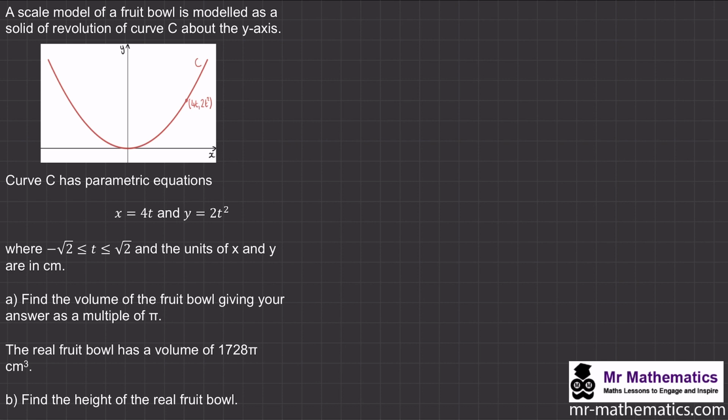We could use the Cartesian model, where the volume is equal to pi times the integral in the limits of y1 and y2 of x squared dy, or we can use the parametric model, where the volume is equal to pi times the integral, with limits now in terms of t, t1 and t2, of x squared, and this time dy by dt, integrated with respect to t.